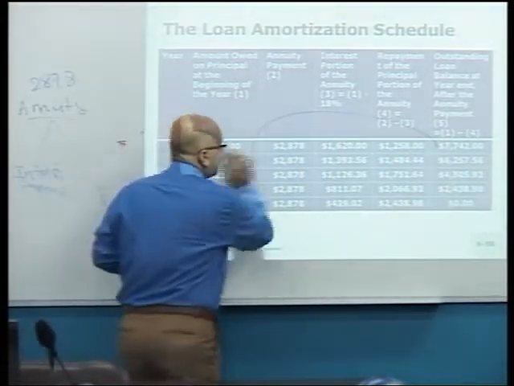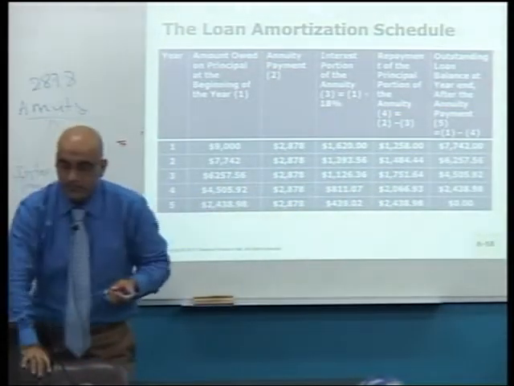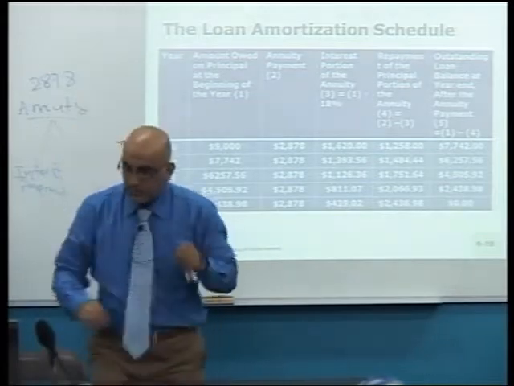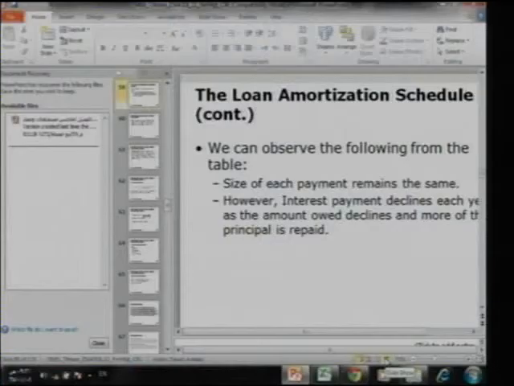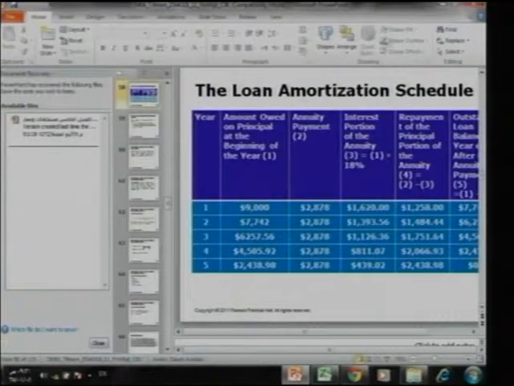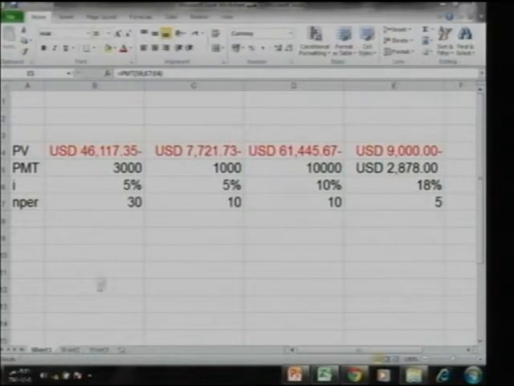Let's do it very simply in Excel. So open the Excel sheet. This is the Excel sheet, and just rename the page, loan amortization.